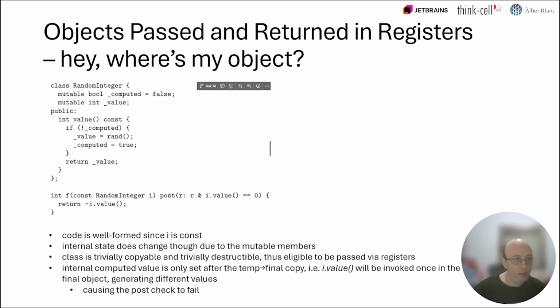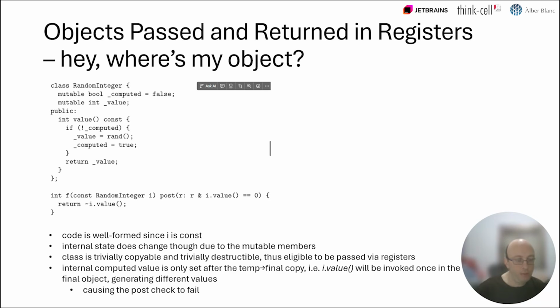Now, we call this value function twice, once in the postcondition and once when returning the object. But are these two the same objects? Here we are going to do a bitwise AND, which should result in 0 due to ANDing two equal values together.